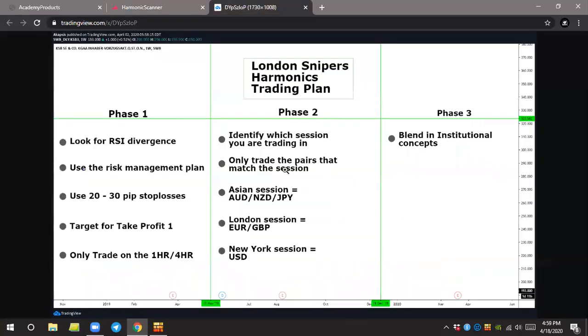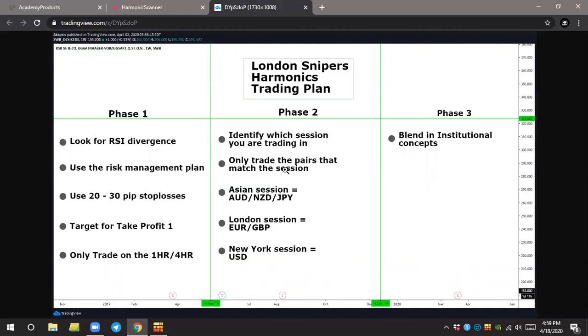So that is the importance of identifying which session you are trading in. If you understand your time zone, how your time zone reacts around these sessions, you'll understand what is your preferred session. For example, some people who are on the west side of the world, in California or elsewhere, it might be easier for them to trade Asian session because, for example, in New York, by the time it's 7 o'clock for us, it's about 4 o'clock in California.